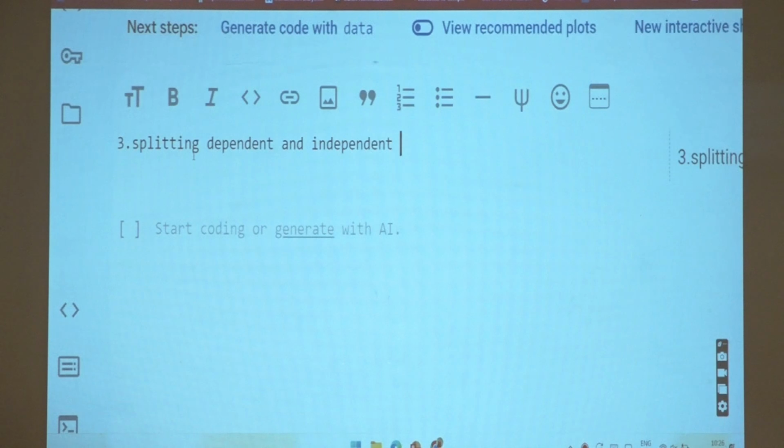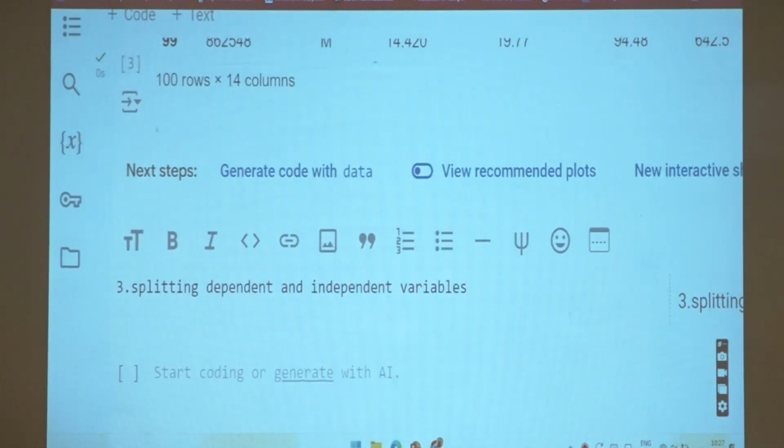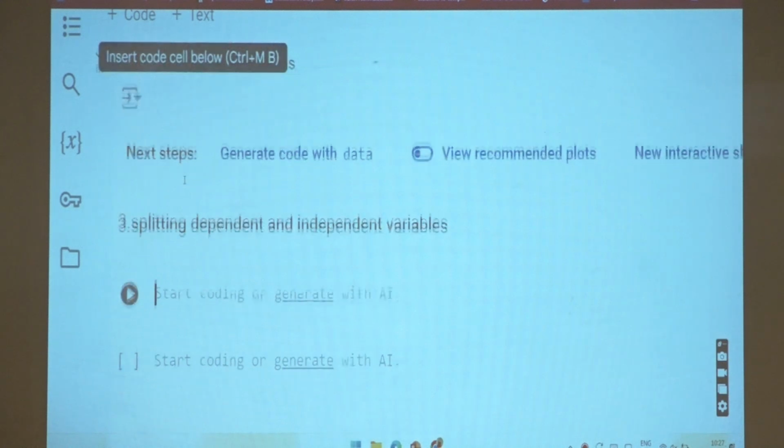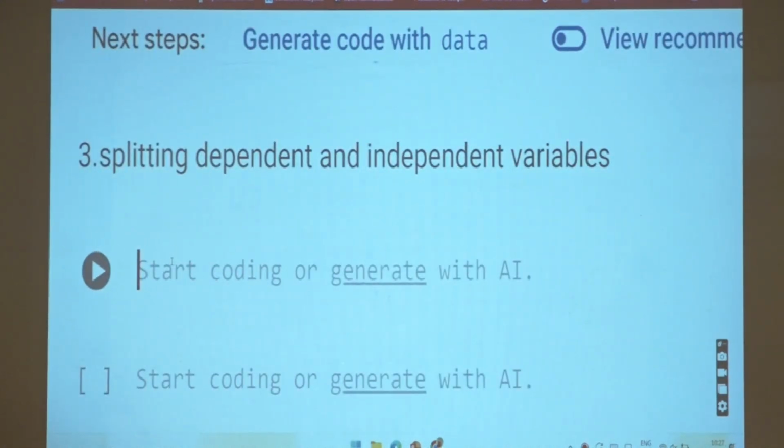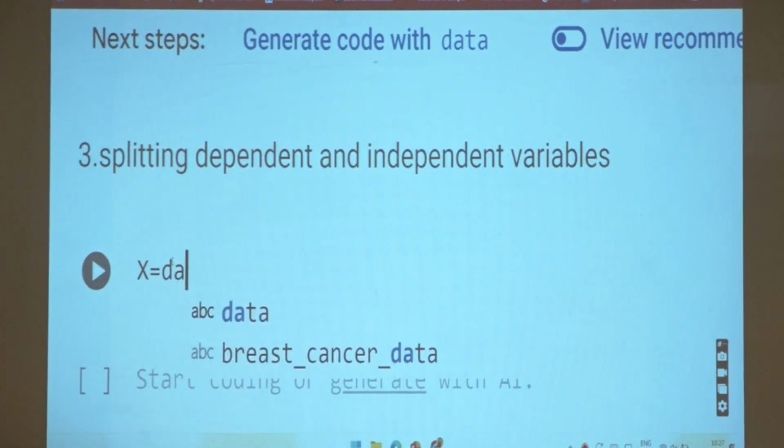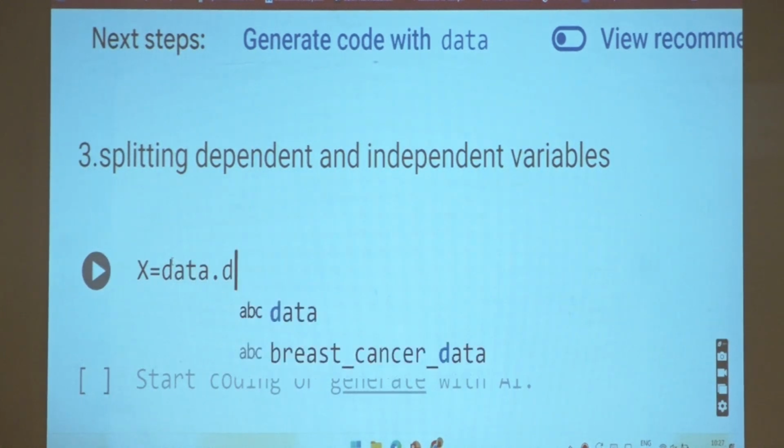I'll now separate the data set into my input variables and output variables, which are called dependent and independent. Dependent is my output variable. Independent variables are nothing but my input variables. Step 3, I am defining my input and output variables. Let's see how we do that.